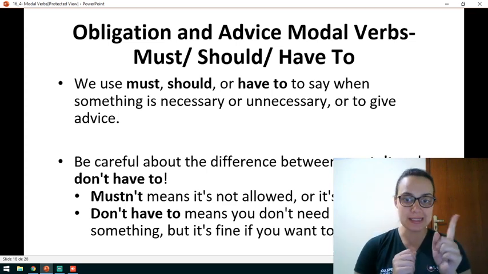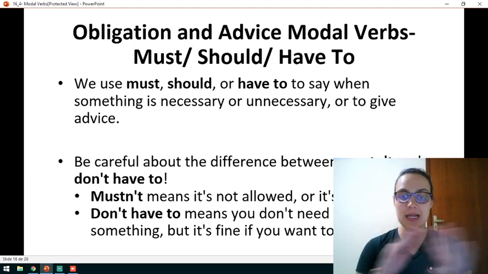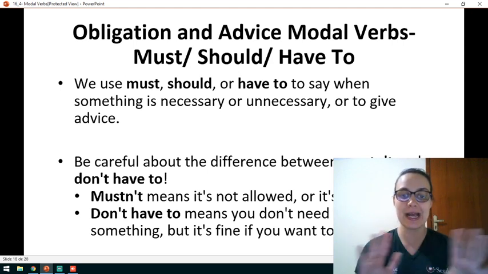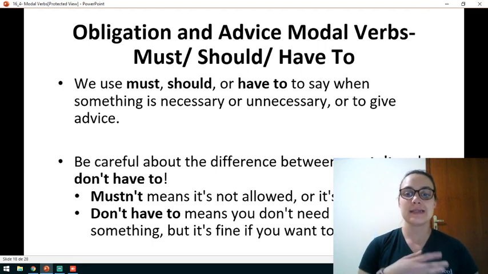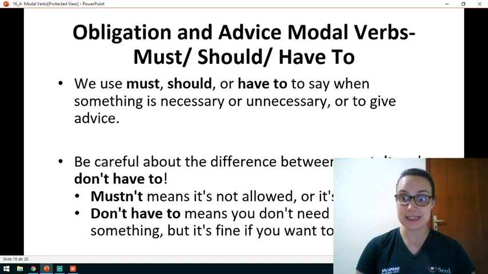Now, mustn't means that it's not allowed. It's a bad idea. For example, I can say that you mustn't drink 10 caipirinhas. All right, it's a very bad idea. Or you mustn't drive drunk. It's not allowed, okay?